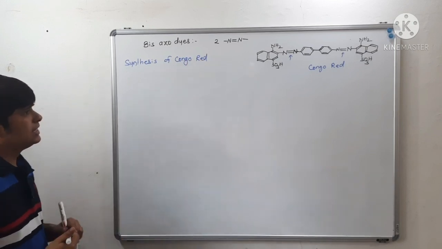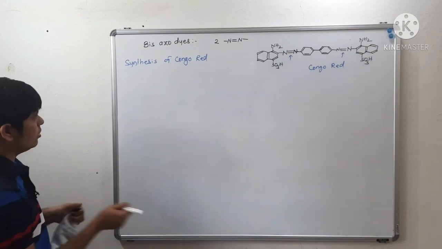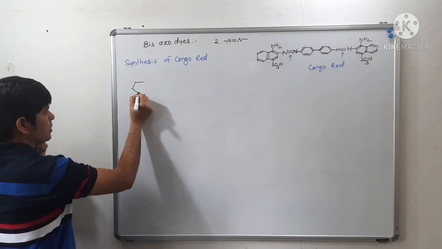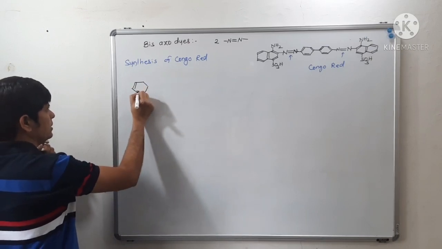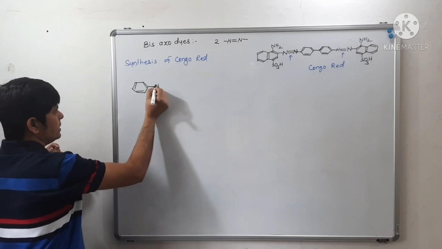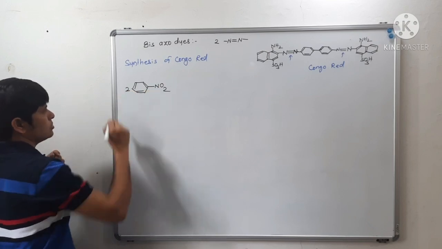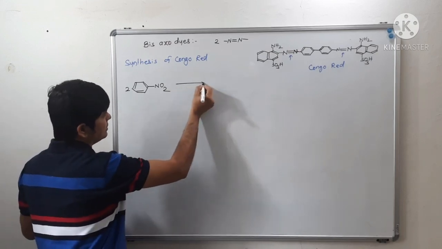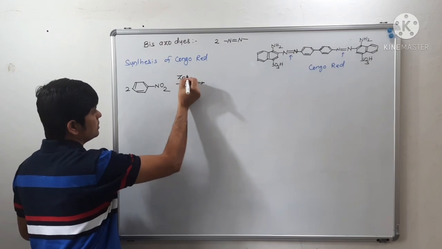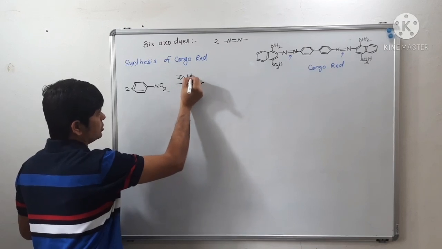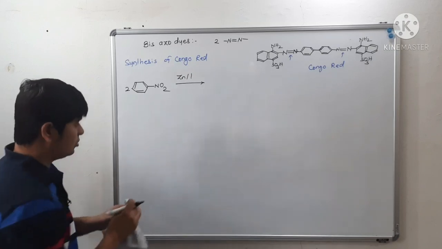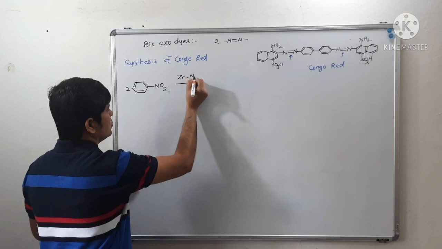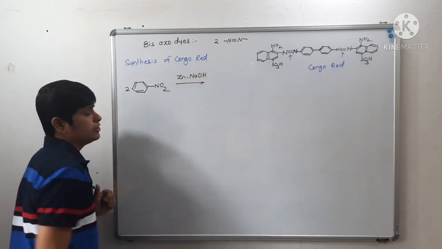The synthesis of Congo Red involves a starting material, nitrobenzene. When we react nitrobenzene with zinc and NaOH, zinc is coupled with sodium hydroxide, so it is a reducing reagent.